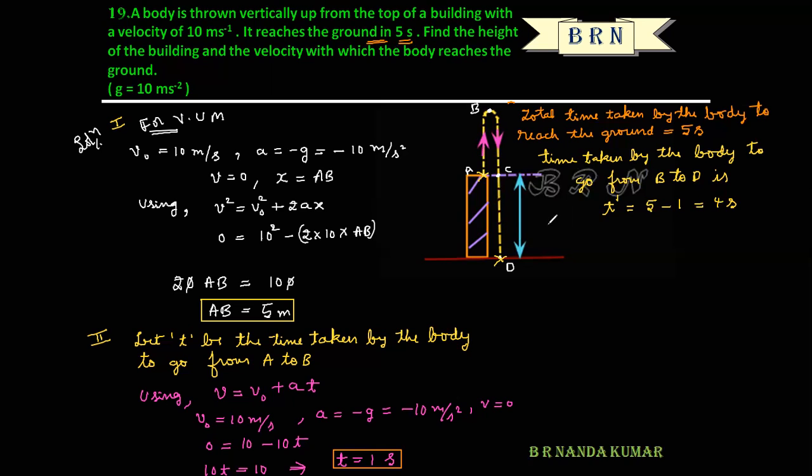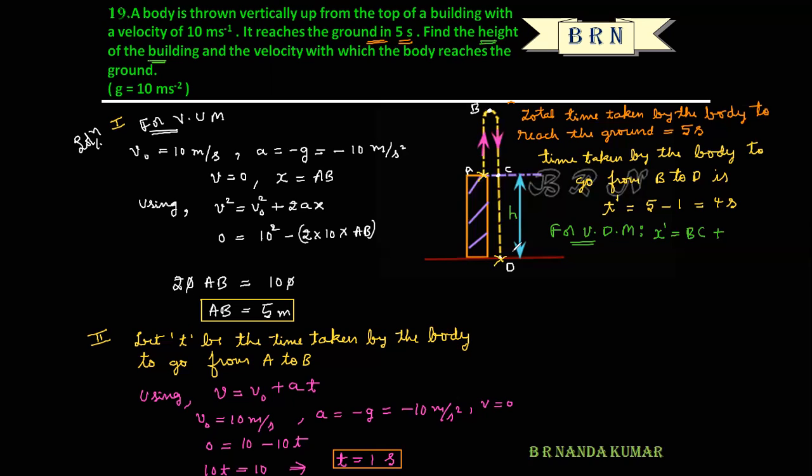Now let us consider vertically downward motion. For vertically downward motion, the distance traveled by the body is BC plus CD. Actually, CD is the height of the building, so we have to calculate the height of the building.